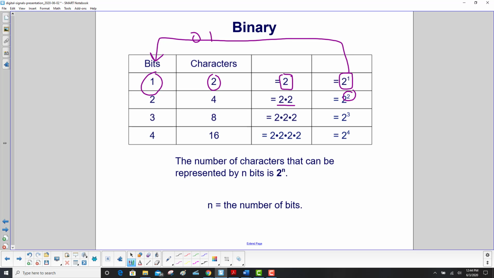And look at that, there's a 2, here's a 2. 3 bits, we had 8 characters. That's 2 times 2 times 2, right? 2 times 2 is 4, times 2 is 8. That's 2 raised to the third power, 3 bits. And then 4 bits, we had 16 characters, which is 2 to the 4th, and there's the 4 matching that. So the number of characters that can be represented by n bits is 2 to the n, where n is the number of bits.